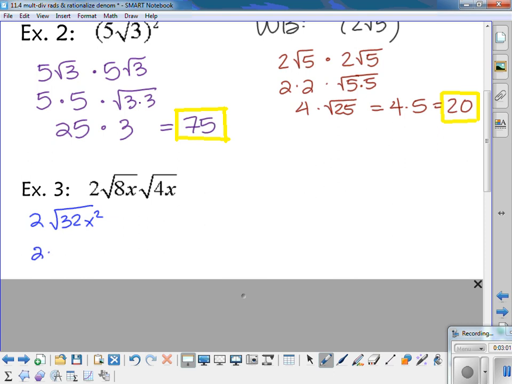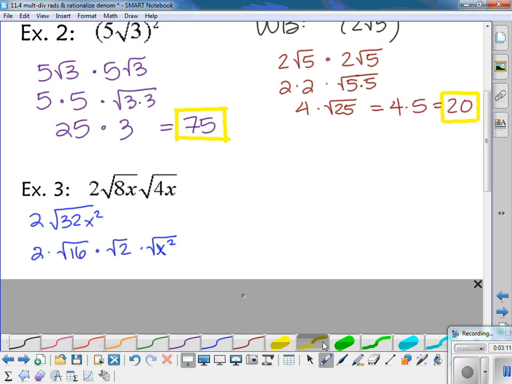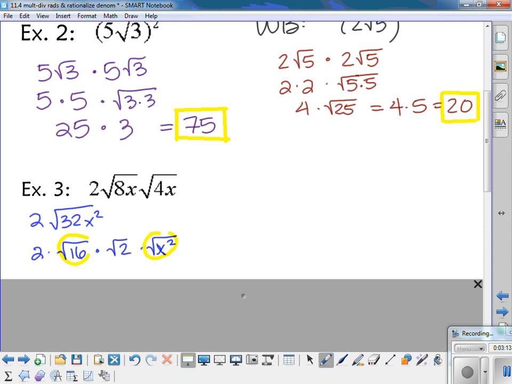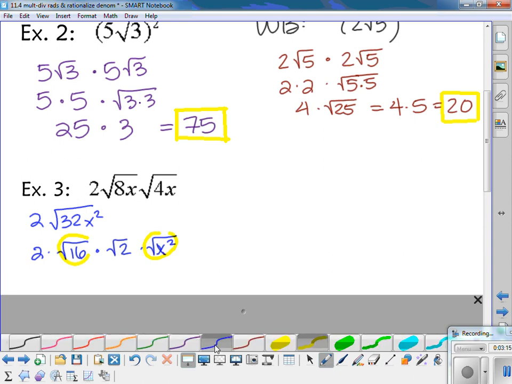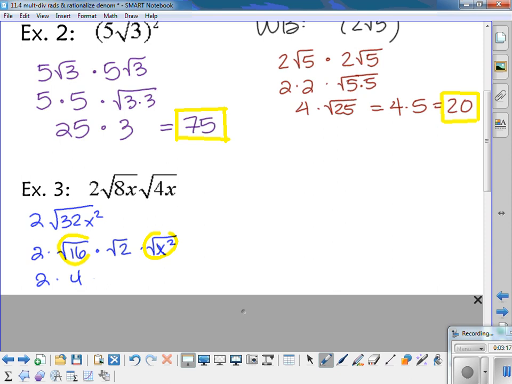So I can break that down into 2 times the square root of 16 times the square root of 2 and times the square root of x squared. So the 16 and the x squared, I can take those square roots. So I get 2 times 4 times x times root 2. And so that comes out to 8x root 2.